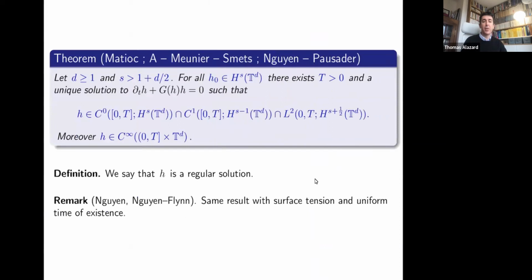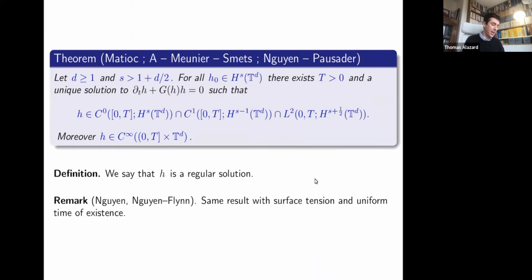Here, I'm just going to explain a quite simple result obtained by several authors recently that states that, firstly, the elliptic equation always has some smooth solution for subcritical initial data.